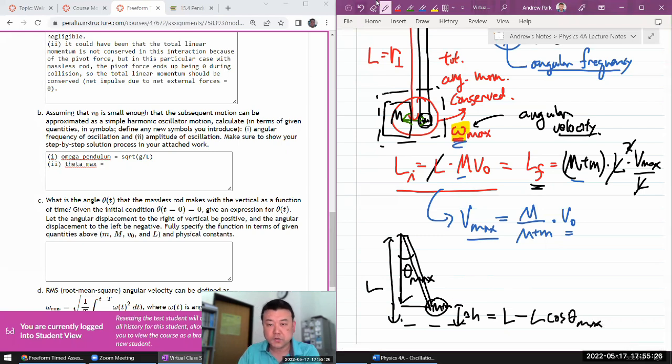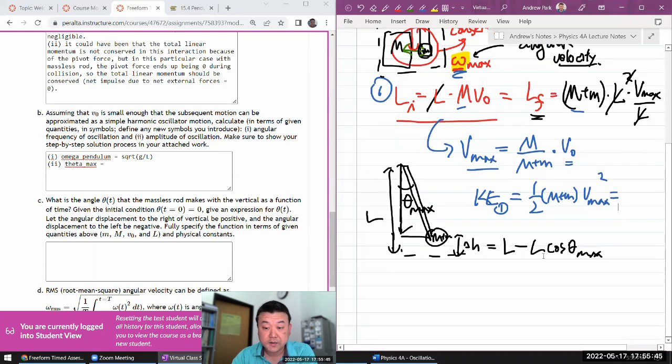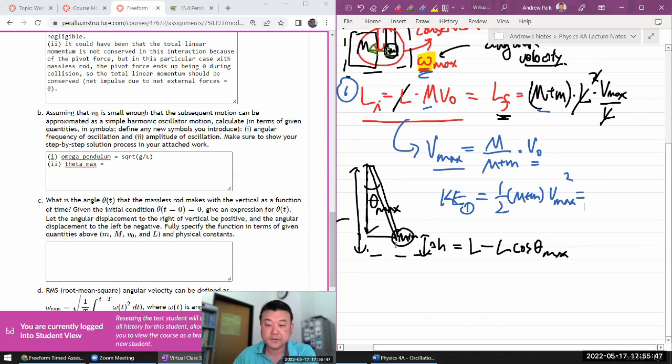So the conservation of energy equation that I would set up is the kinetic energy in snapshot 1, which is 1/2 mass times V max squared, is equal to the potential energy at this maximum height.